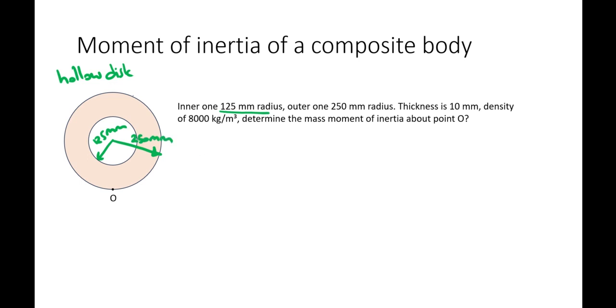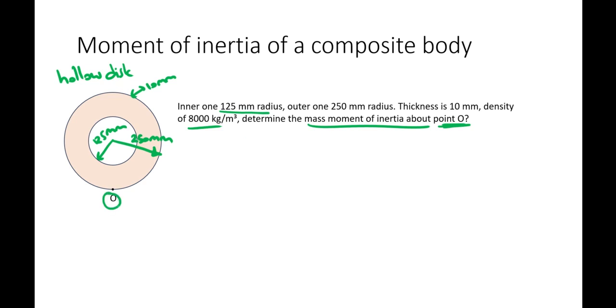Then the thickness, in this way, is 10 mm. And the density is 8000 kg per meter cubed. What is the mass moment of inertia about point O?